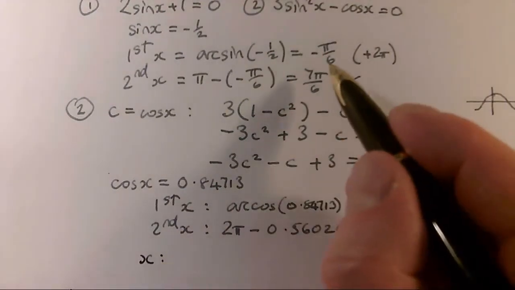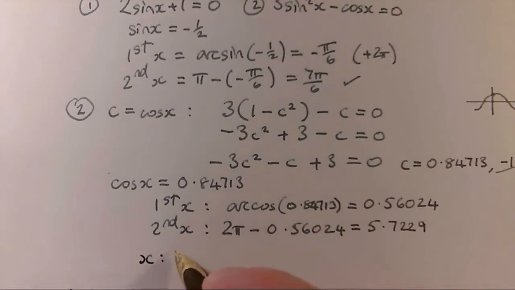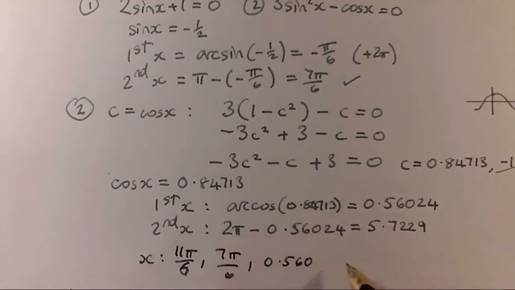So my minus pi by 6, when I add 2 pi to it, is going to be 11 pi by 6, and we've already got 7 pi by 6, and we've got 0.56024, so that's 0.560, and 5.72. Those I will give to 3 significant figures. Double underline everything, and we are done.